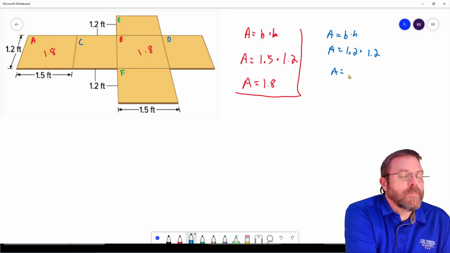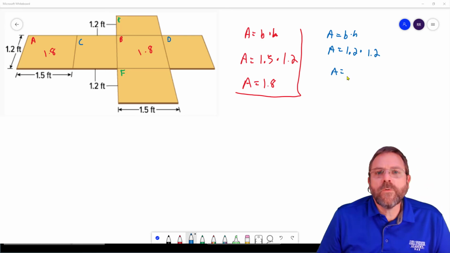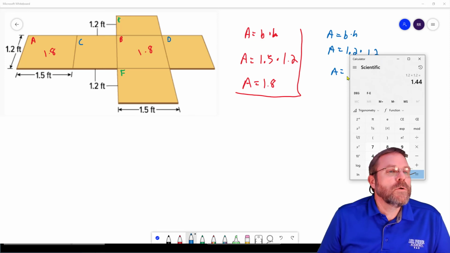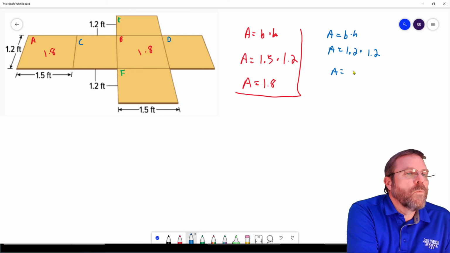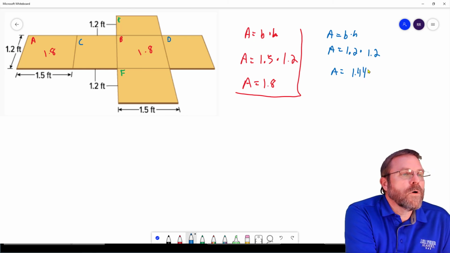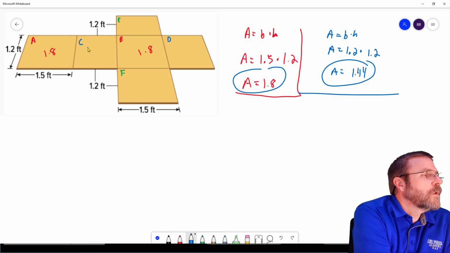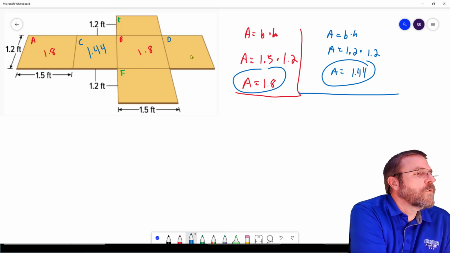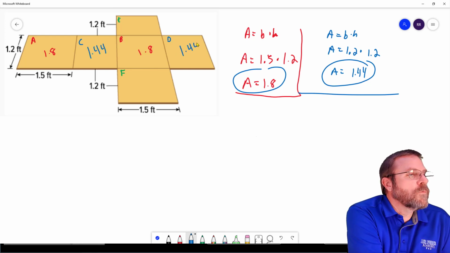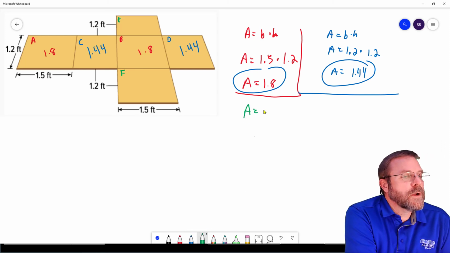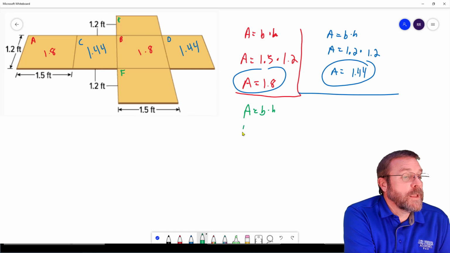That means, I believe it's going to be 1.44, but let's see, 1.2 times 1.2 equals, how about that? 1.44, which we can take, and we can circle each of these when we finish them up. 1.44 and 1.44.